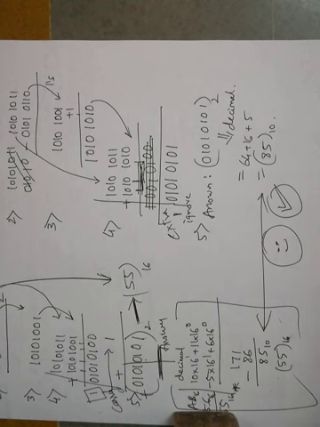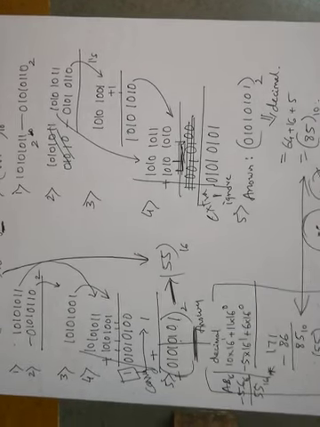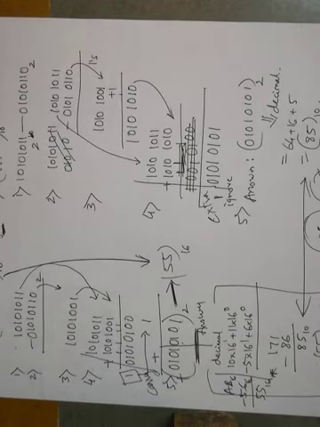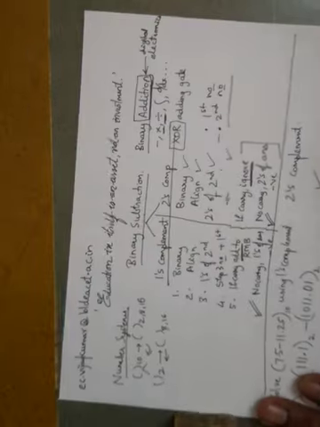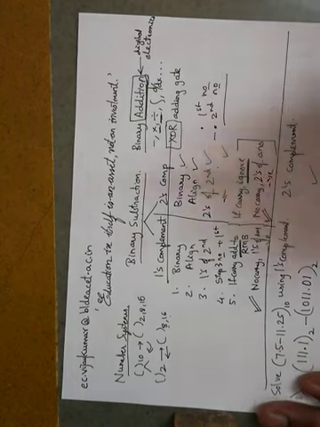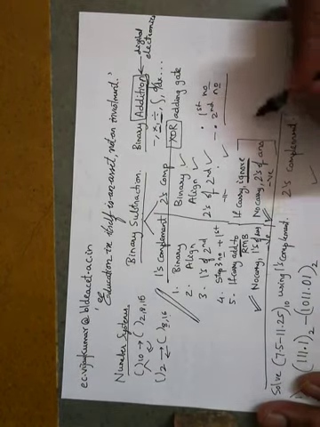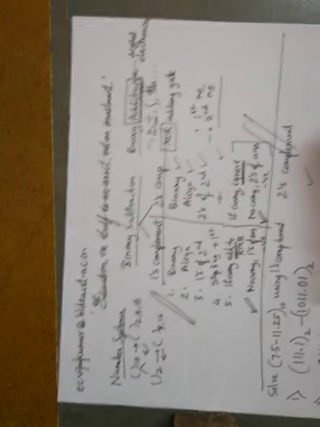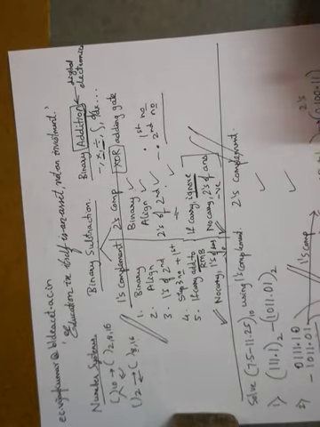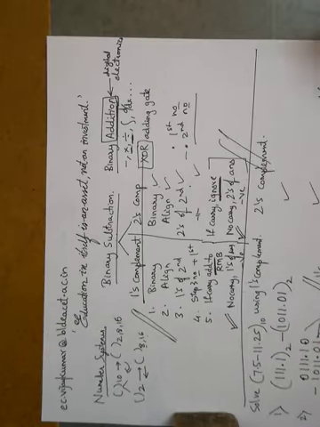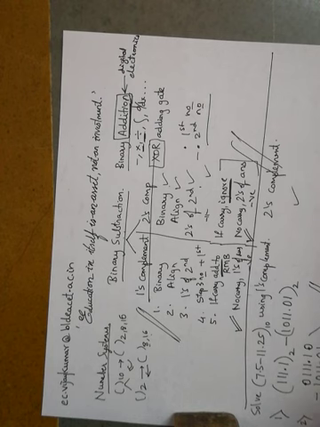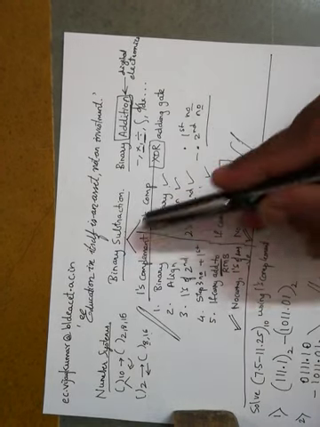Okay, so we did many things in this video, but what I suggest is make sure that you understand the procedure properly. If you know this procedure along with how to do ones complement and two's complement, you can solve any binary subtraction. So we'll go through once again.